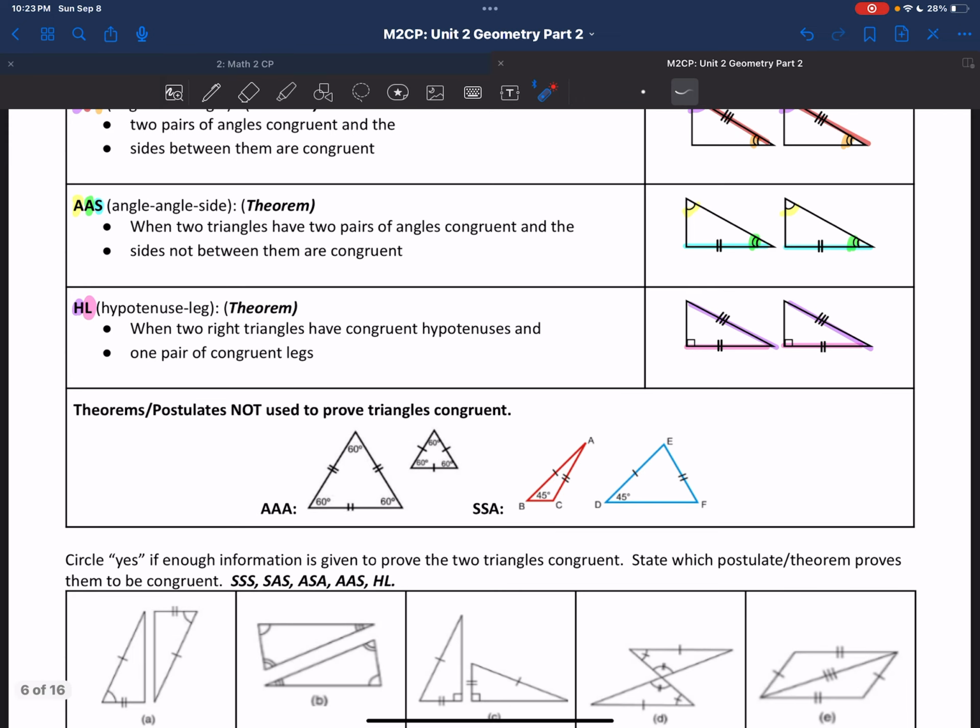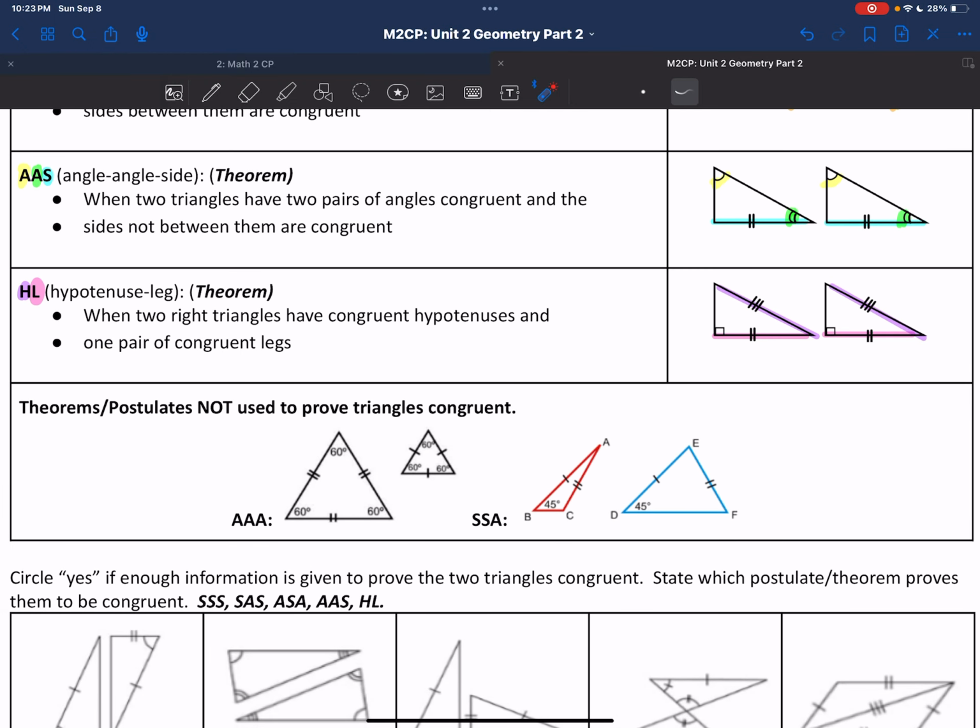Here are some theorems and postulates that are not used. Angle, angle, angle. These are not used, because if you notice here, these are similar, but they're not congruent, even though they have the same angles. They're proportional sides.